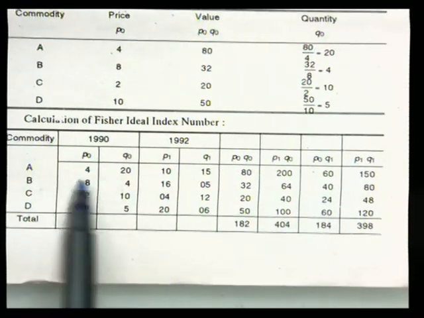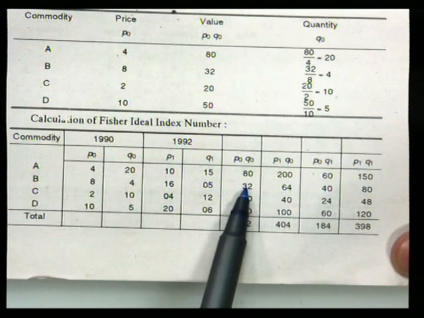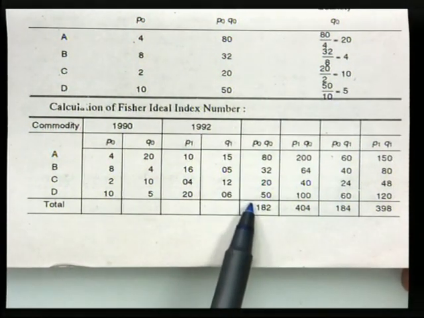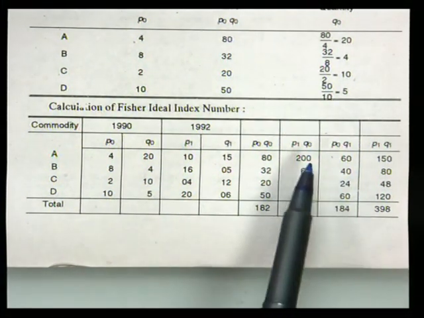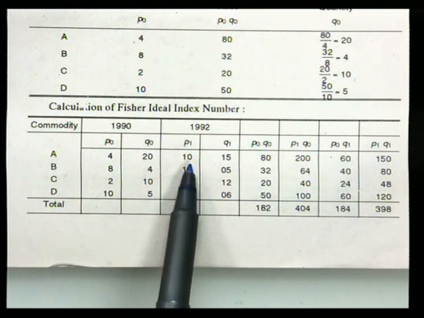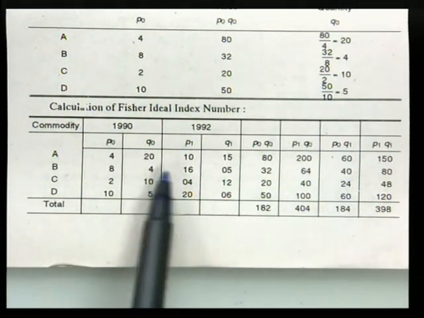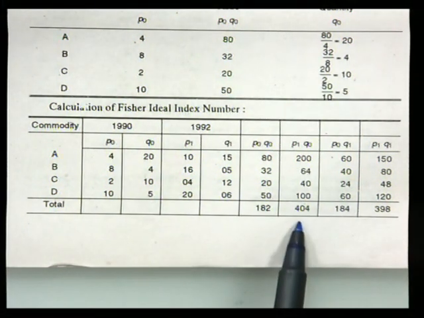Find the product of P0 and Q0: 20 into 4 is 80, 8 4s are 32, 2 10s are 20, 10 5s are 50. The summation of these four figures, that is sigma P0 Q0, is 182. In the same way, P1 Q0: P1 into Q0, 20 into 10 is 200, 16 4s are 64, and so on. The summation will be 404.